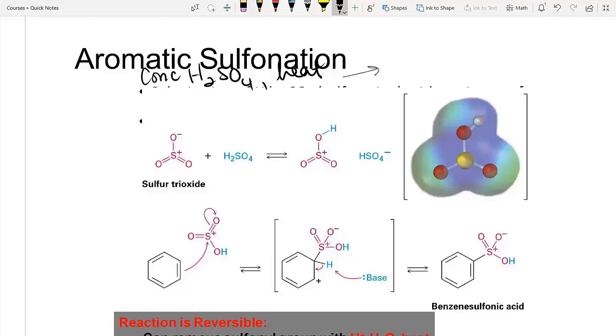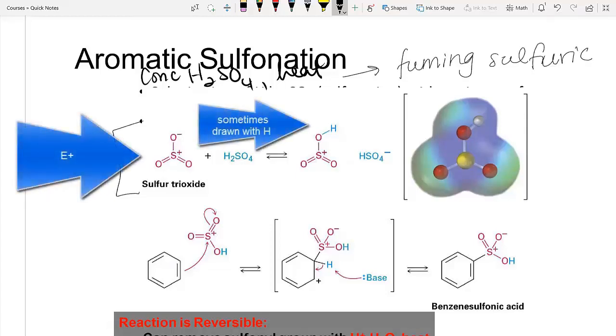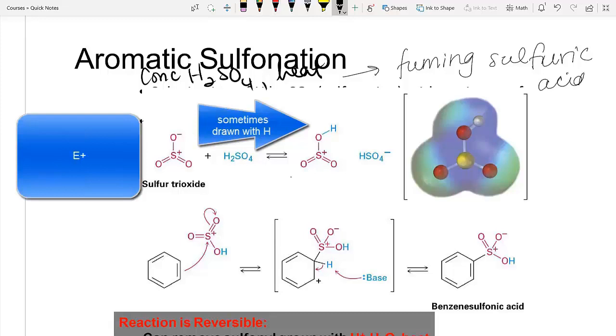This is concentrated sulfuric acid, also called fuming sulfuric acid, and it's in that fuming sulfuric acid that we get this sulfur trioxide. It's an equilibrium. Often when you open concentrated sulfuric acid you will see fumes, and the way to make this happen even more is a little heat. So if you write fuming sulfuric acid, it implies concentrated sulfuric acid and heat.